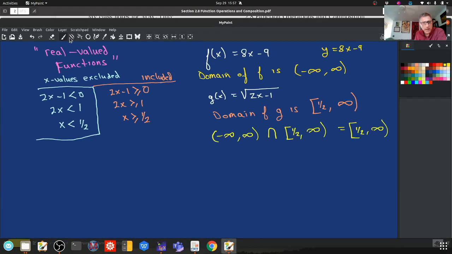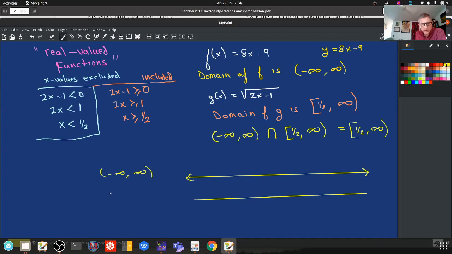But again, let's remember one other way we could have done this. When in doubt, we write two number lines, right? And the top number line represents minus infinity to infinity, and the bottom number line represents 1/2 to infinity. So there is my 1/2, and I'm going to write in what's included. 1/2 is included in it, and everything above it, which I'm just going to do by scribbling this red line.